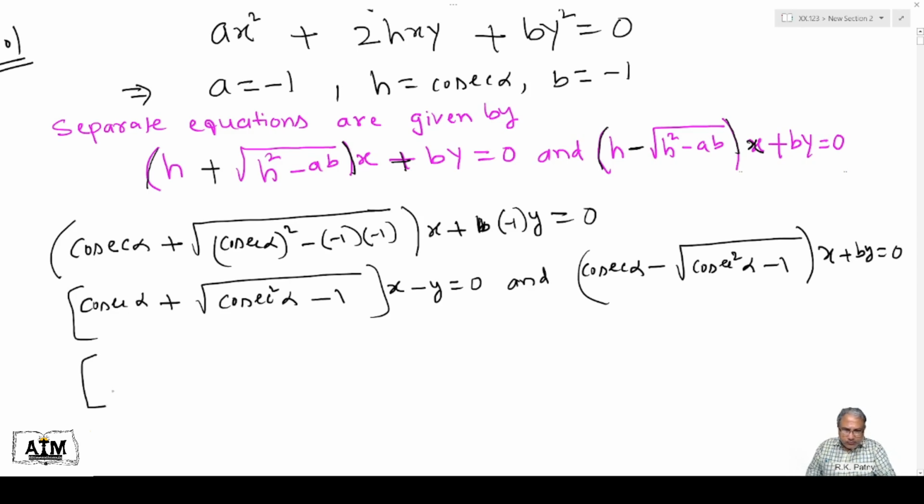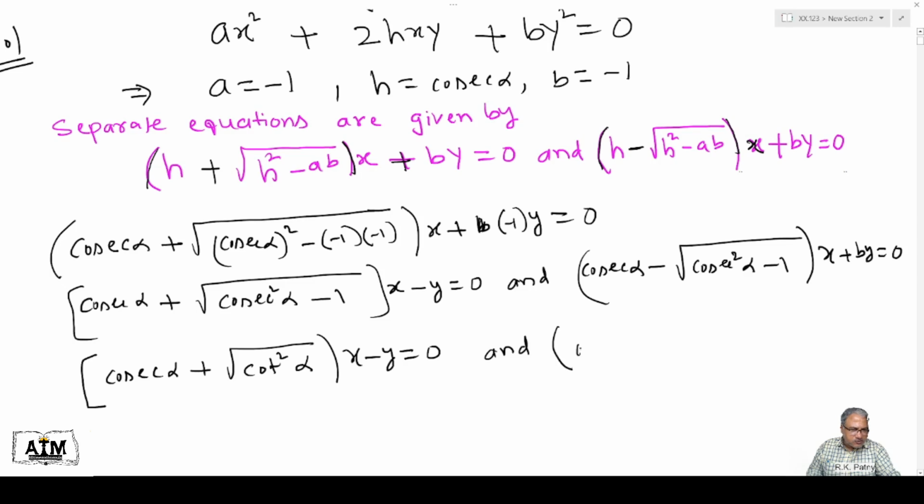Now, cosec square alpha minus 1 is nothing but cot square alpha, multiplied to x minus y equals to 0, and the second equation is cosec alpha minus under root of cot square alpha multiplied to x plus b value, nothing but minus 1, by equals to 0.